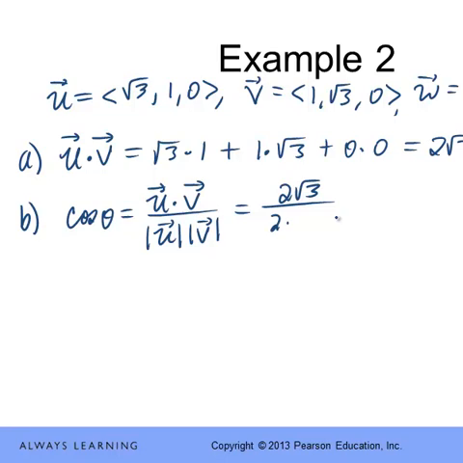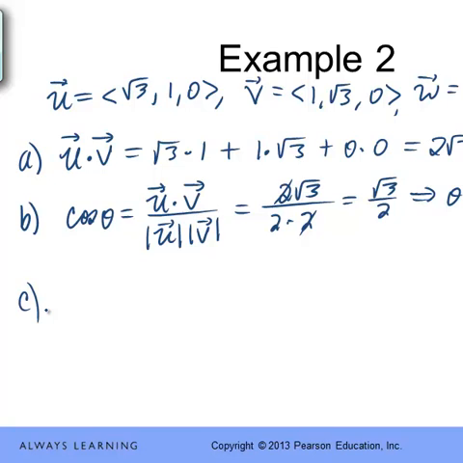And you see that the magnitude of v is also 2. So the 2's cancel, root 3 over 2. So cosine of theta is root 3 over 2. So what is theta? What is the arc cosine of root 3 over 2? It's 30 degrees, or pi over 6. Either way, radians or degrees, it's okay.